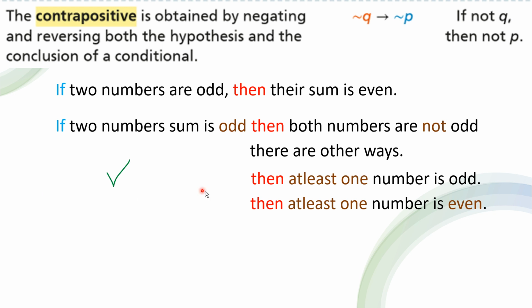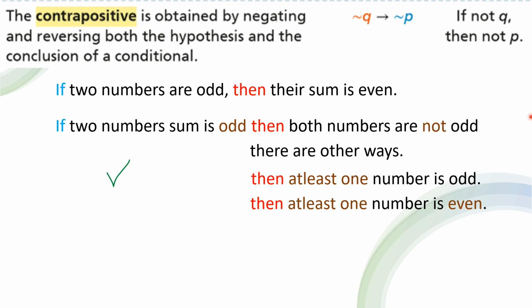So I would say the most accurate way to put it would be this one right here. Then at least one number is odd. So you see that there's multiple different ways to go through this, but the best way is to try to stay true to what this is saying. These ones could land you into not necessarily always true, the first one and the last one. So you have to bear that in mind when you're going through this.